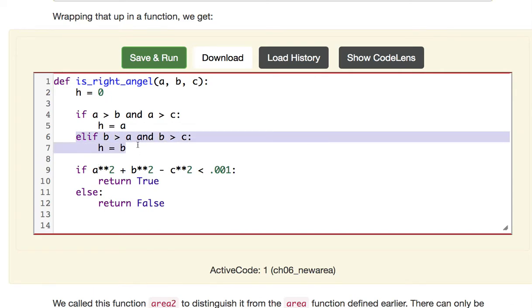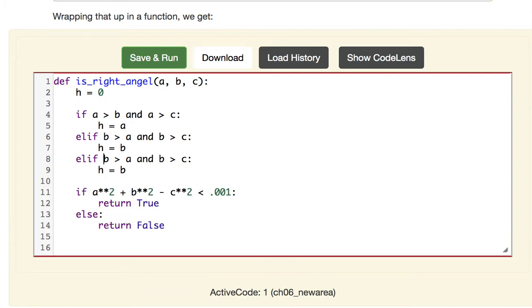And then of course we're going to do the last one, which is going to be else if C is greater than A and C is greater than B, and if that's true, then we're going to set the hypotenuse to C.